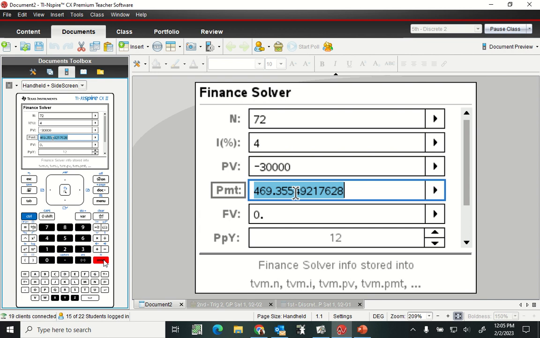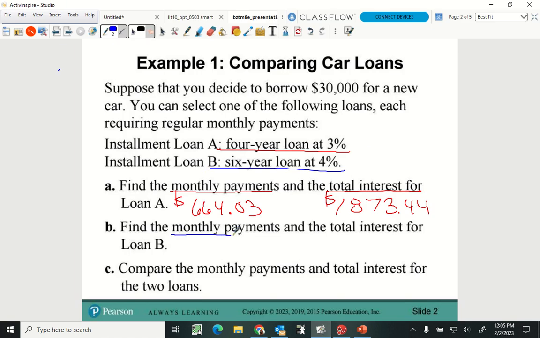Negative 469.36. Right. You guys agree there? Yeah.